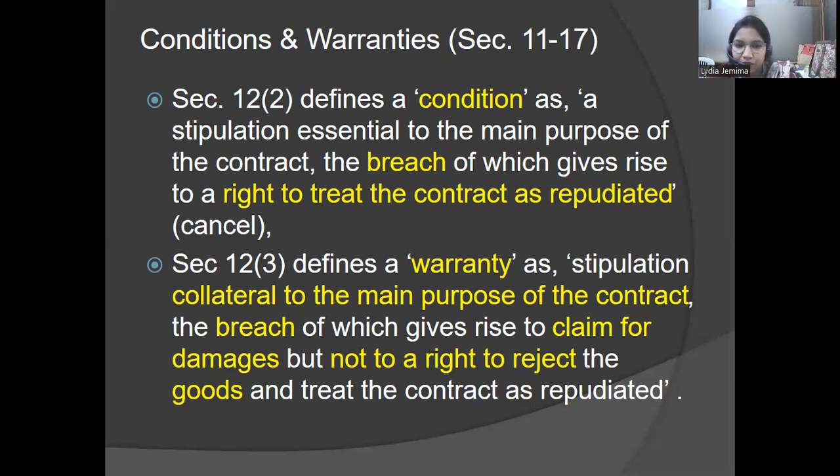Okay, so what is a warranty? It is where, after the agreement has happened, you give a certain warranty on the product, right? So in case there is any breach of the contract, it will give rise to a claim.